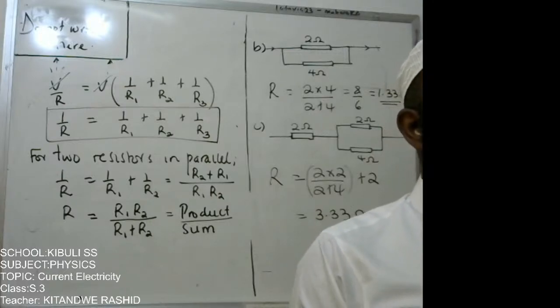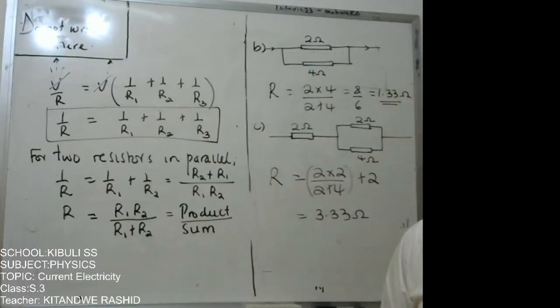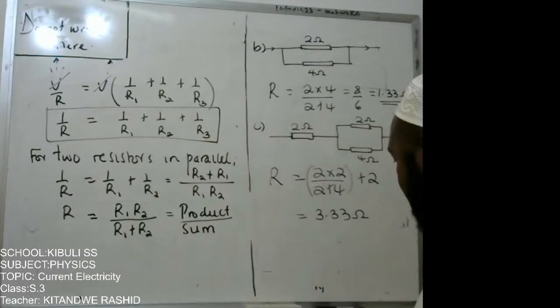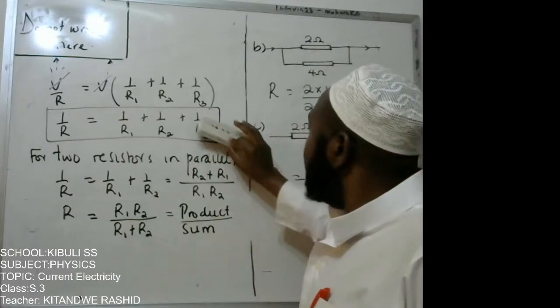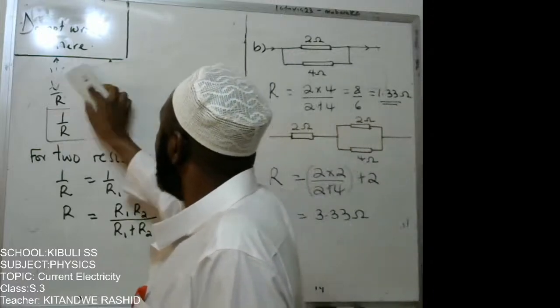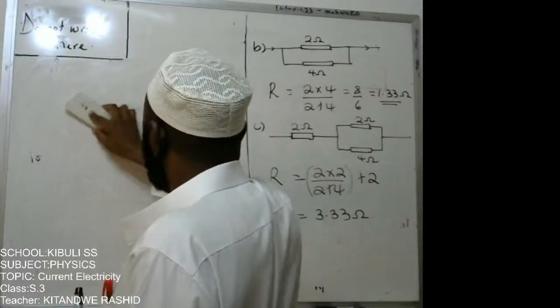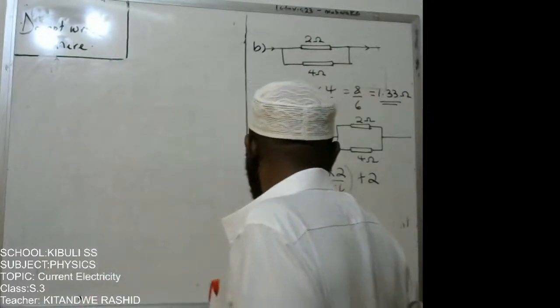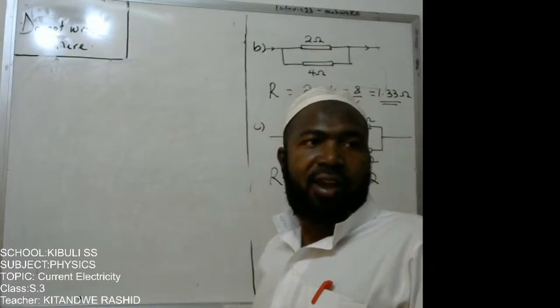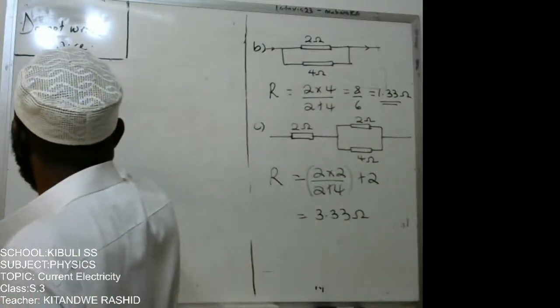Then, number 2, we had the figure that shows a network of resistors. Calculate the effective resistance. So we had a figure. It was arranged like this.